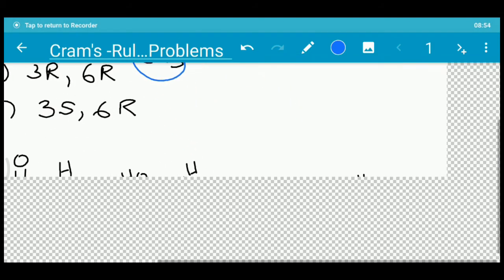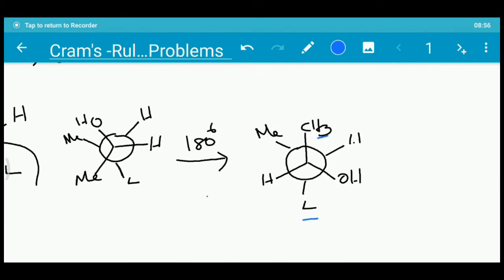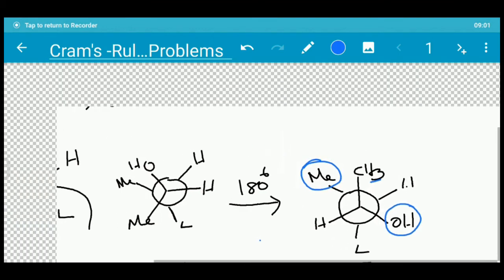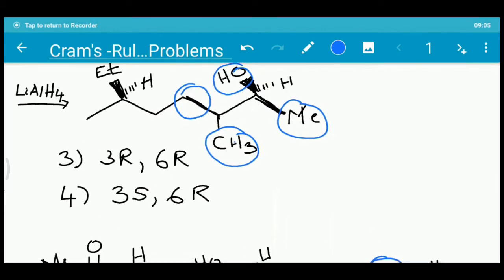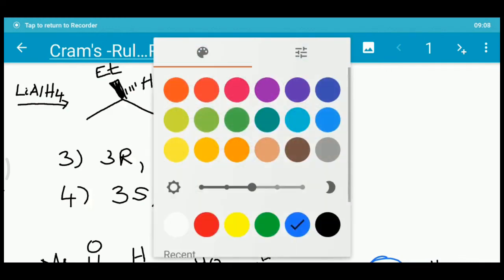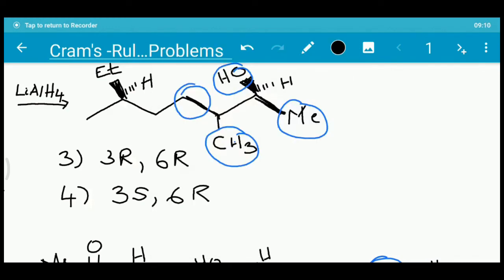When the methyl and the large group are anti to each other, my OH and the methyl on the other carbon are anti to each other. In that case, this bond can be drawn like this, right?